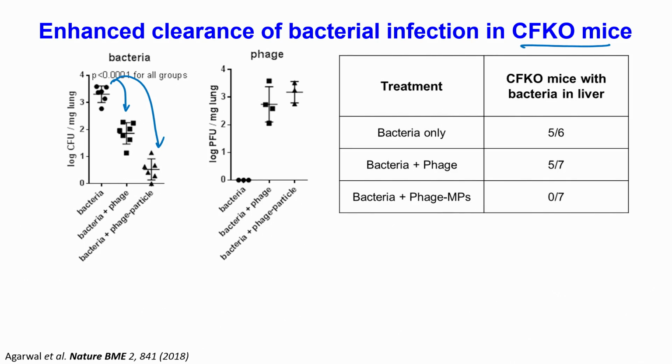They have analyzed the liver, where if the bacteria does spread systemically, it will accumulate in the liver also, and they find that if they give the bacteria only treatment, almost all the animals have bacterial colonies in the liver. However, if they use their phage microparticles, none of the bacteria is found in the liver. So, not only is it preventing infection in the lung, it is also preventing other organs as well.